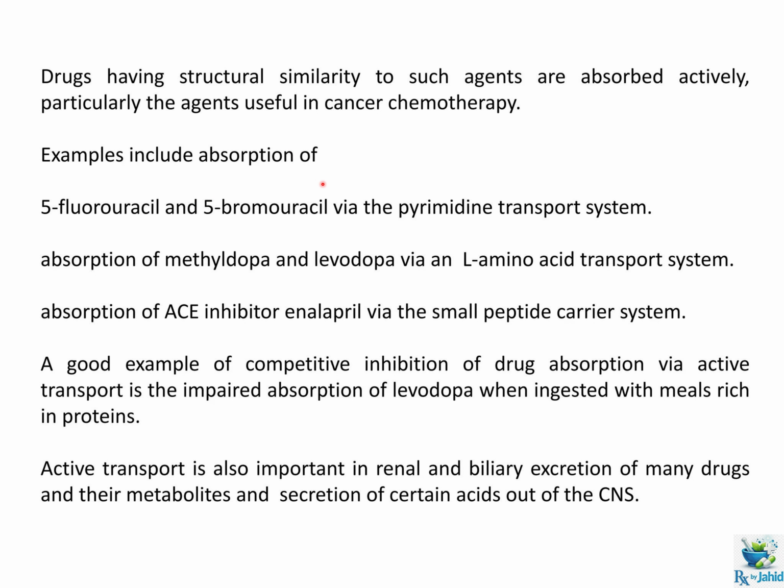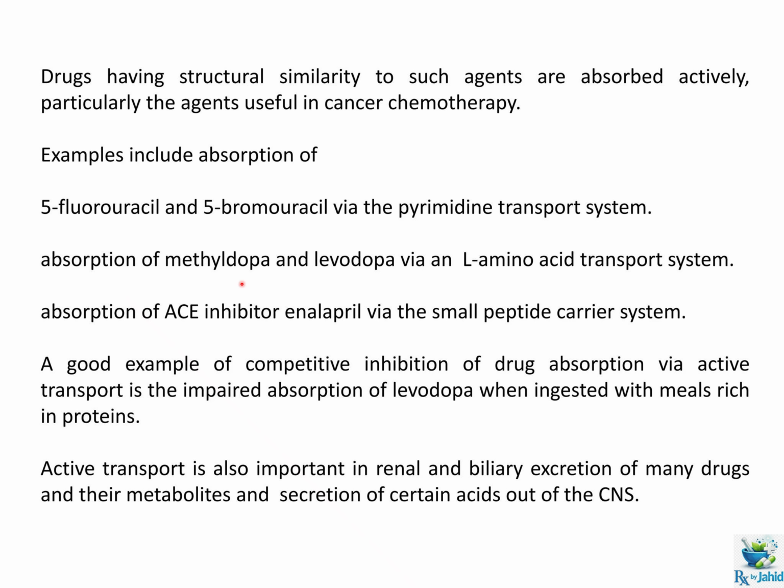So these include the drugs which have structural similarity to such agents or proteins and are absorbed actively, particularly the agents used in cancer chemotherapy. For example, 5-fluorouracil, an anti-cancer drug, and 5-bromouracil are transported via pyrimidine transport system. So this is the protein or the enzyme system, and this is the drug. So these are passing through this system.